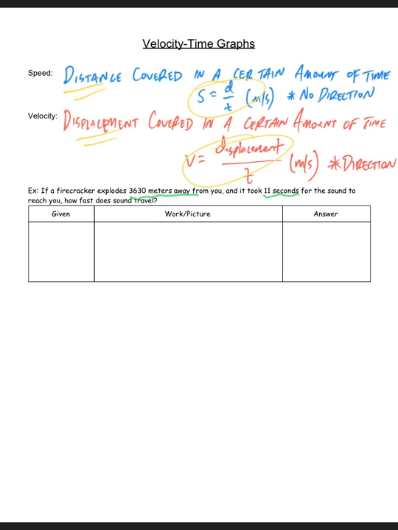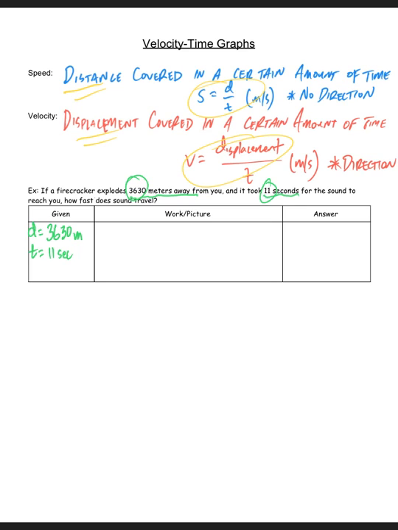The first thing we're going to do is label our given variables. It says 3,630 meters away. That is a distance, so D is 3,630 meters. Then it says it took 11 seconds. That is a unit of time, so T equals 11 seconds.